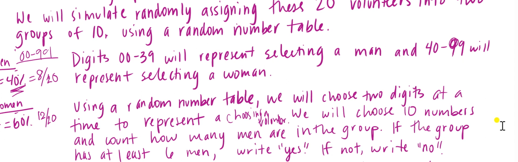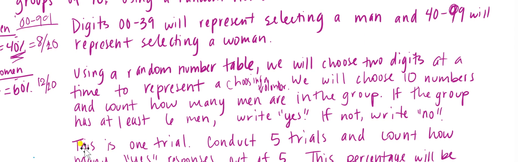We choose 10 numbers and count how many men are in that group of 10. We're looking for the probability that we have 6 or more men in the same group. If that is the case, we write yes, and if not, we write no. Altogether that counts as 1 trial. We're going to conduct 5 total trials, again, because 5 is sort of our minimum accepted.